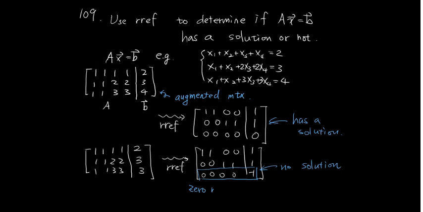A 0 row on the left implies a 0 entry, a 0 constant, on the right. Otherwise, it is not solvable. You will find that there is no solution. Okay, so it's a simple idea, just telling you whether it has a solution or not.